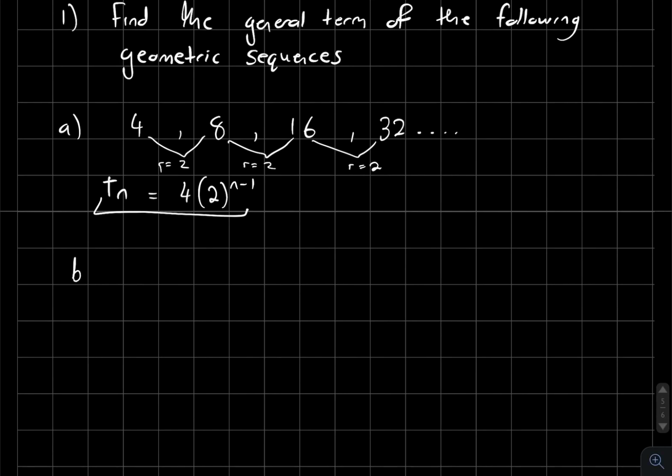So let's look at another example. Let's say we have a decreasing sequence this time. Let's look at this sequence here: 1000, 100, 10, 1, 0.1, 0.01, and so on.